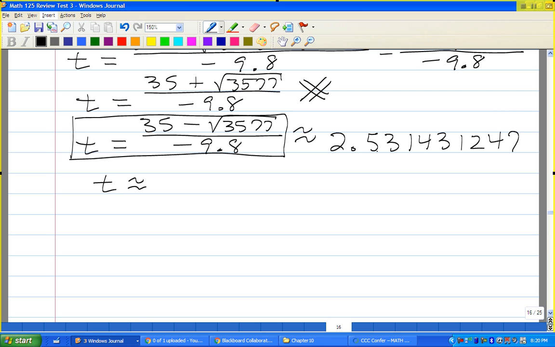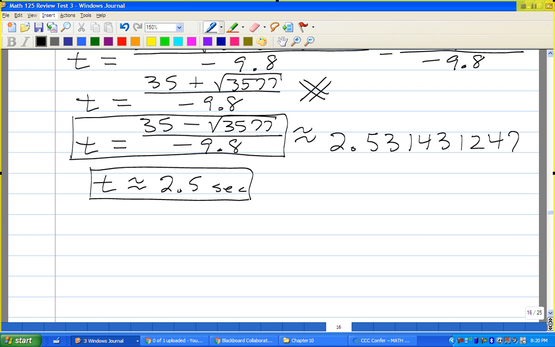And so rounding to the nearest tenth, well, 3 is smaller than 5, and so this just rounds to 2.5 seconds. And so the ball will hit the ground after approximately 2.5 seconds.